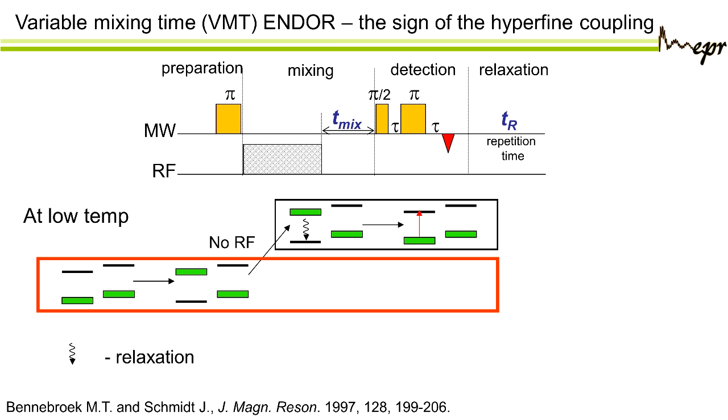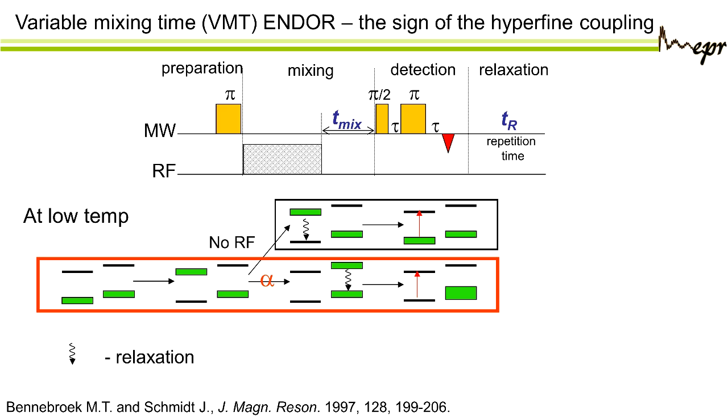Nothing happens, so we invert, and it goes back. Now we did the ENDOR, so we moved it to the other manifold. And now we look here, we have a zero signal.